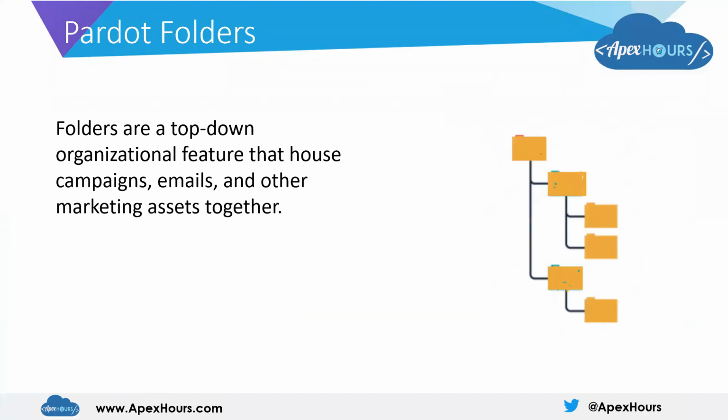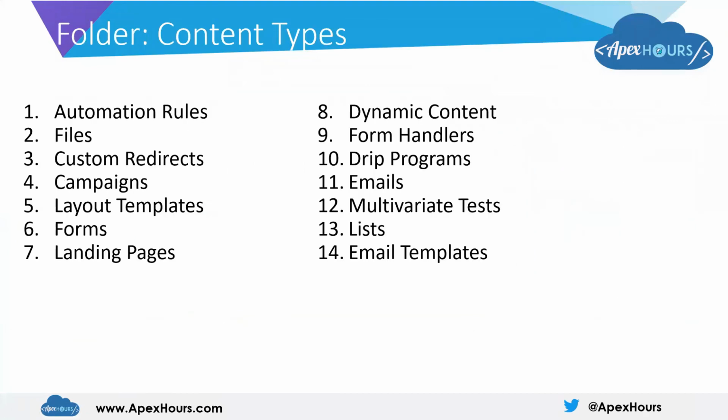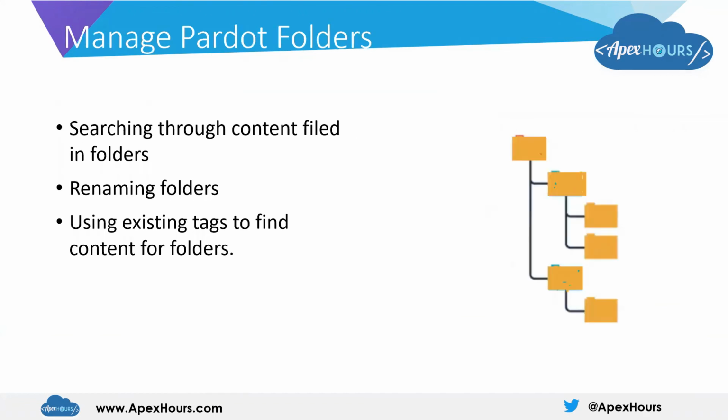Now, apart from this, what content types are supported in folders? In the folders, you can store automation rules, files, custom redirects, campaigns, layouts, forms, landing pages, and all the other related data.